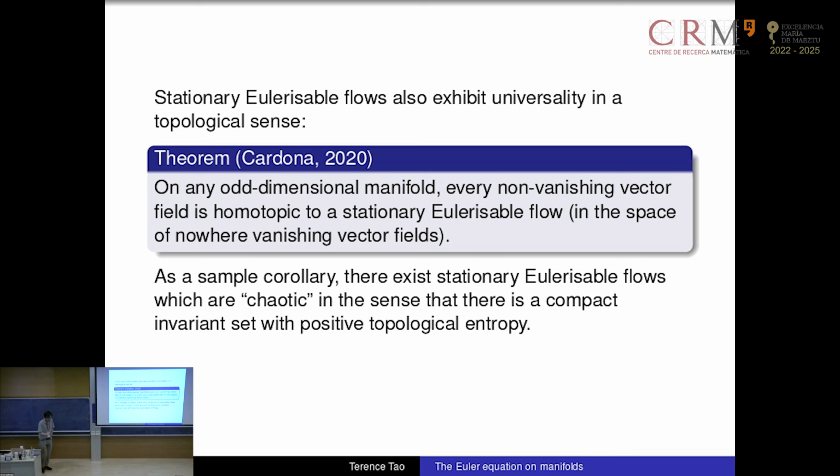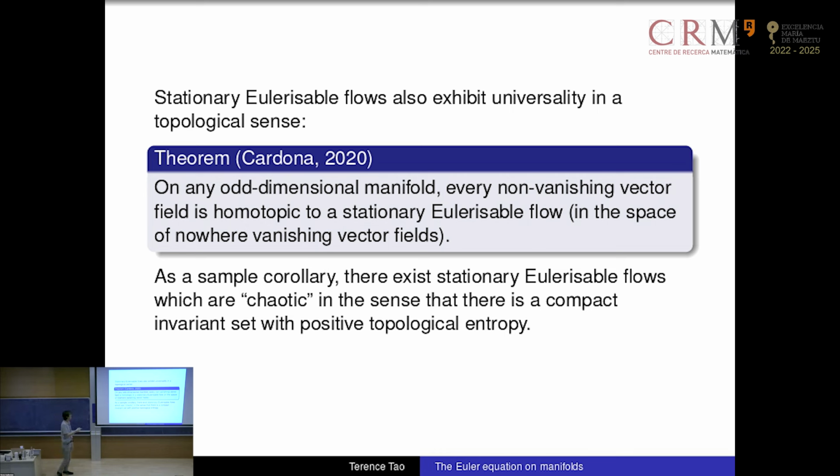Another sense in which stationary Euler solutions are universal: you can deform a vector field which is a steady state of some Euler flow, with some embedding.